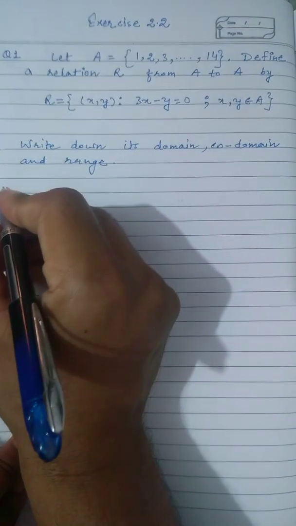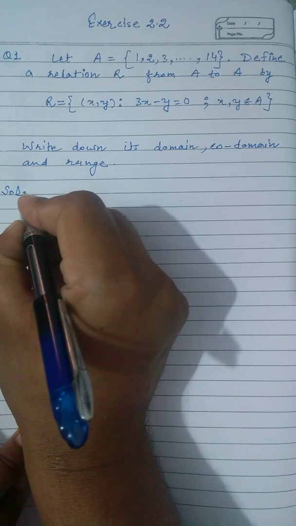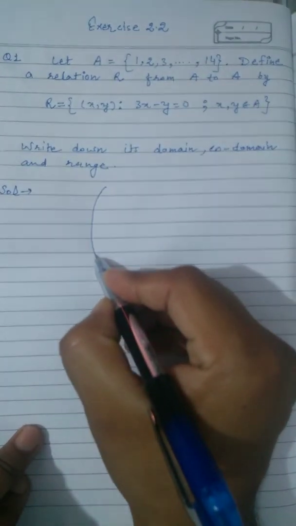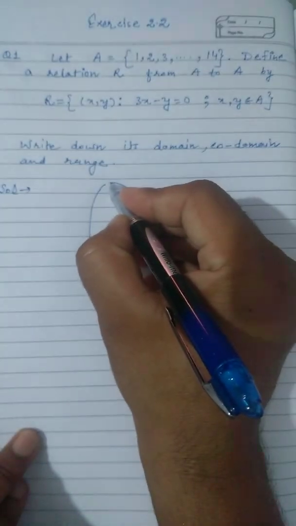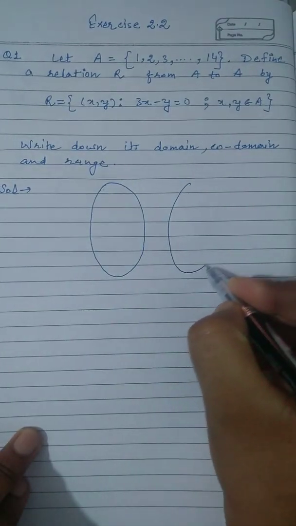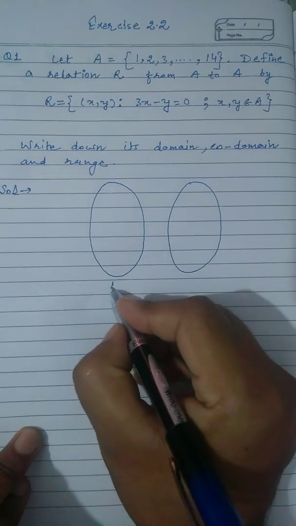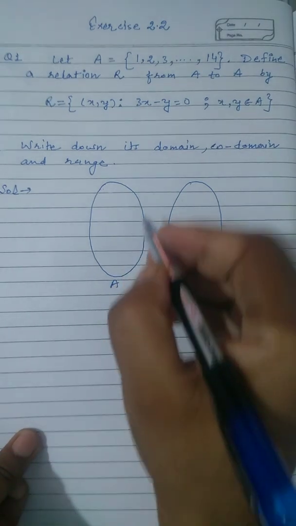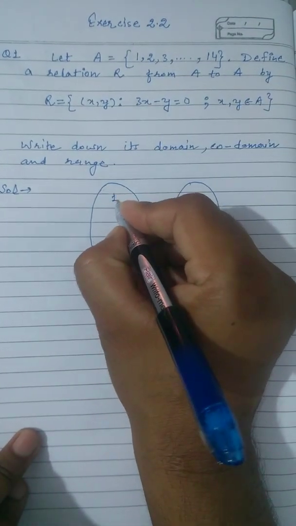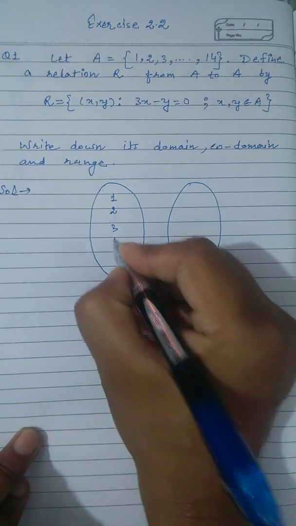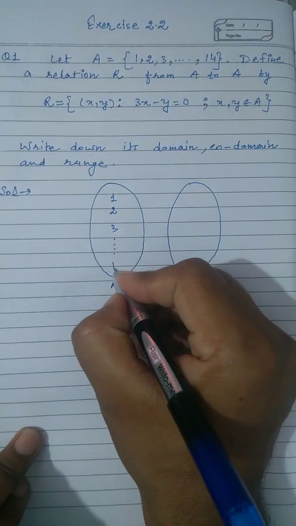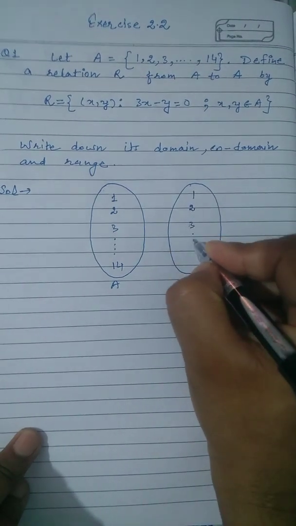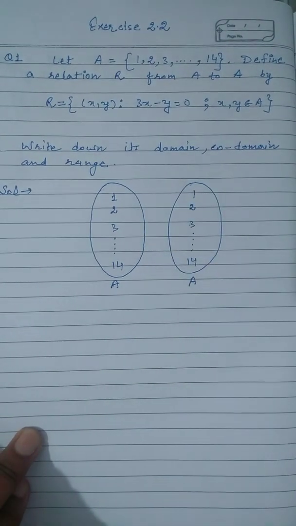So let us try to understand how to solve this question. First of all, what is the relation? There are two sets A, A. Set A contains the elements 1, 2, 3 and so on up to 14, and the second one is also 1, 2, 3 up to 14.